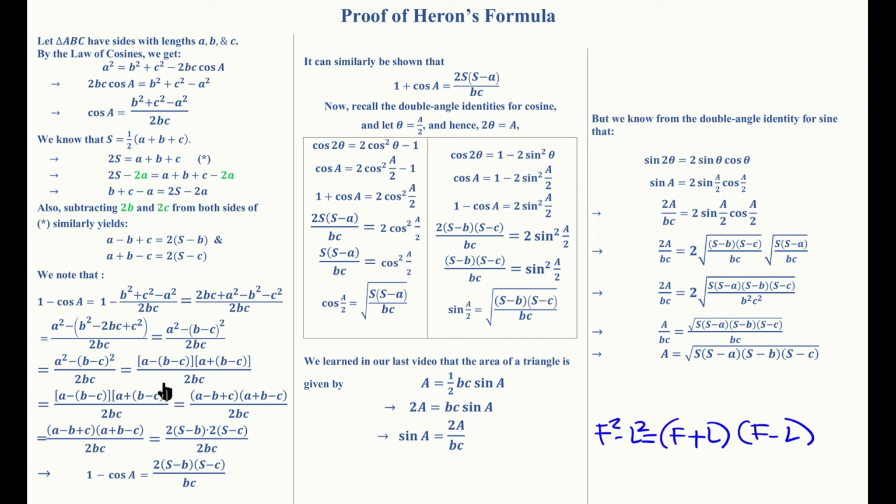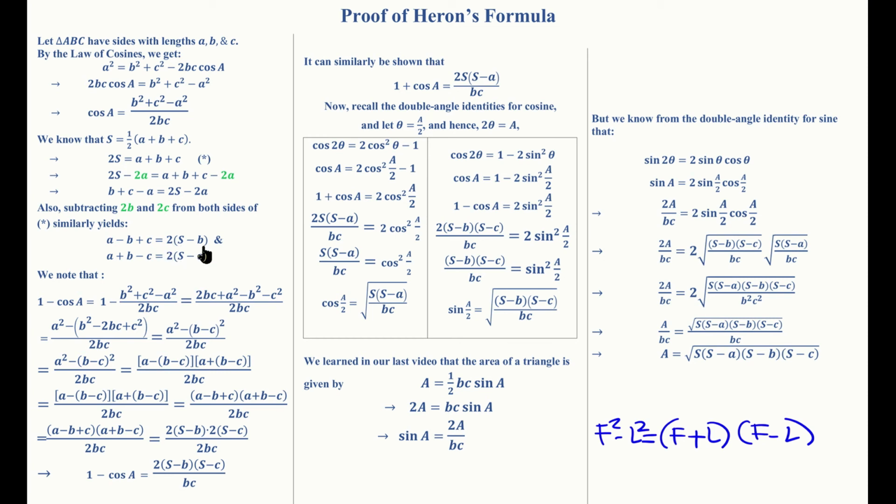All right, so we go ahead and distribute the negative, so we get a minus b plus c times a plus b minus c over that. So notice that this expression here, a minus b plus c, we had seen it before.